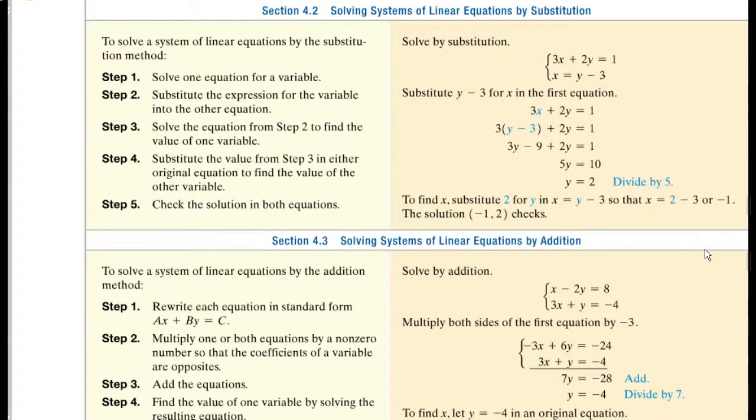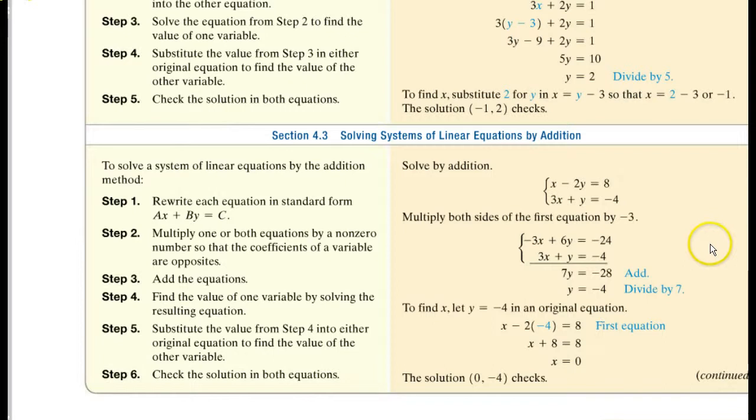Okay, another method we said was the addition method, where as you look at one graph, and the key is have it in standard form, and you might say, well, what can I do since nothing, if we add them together, would cancel out?